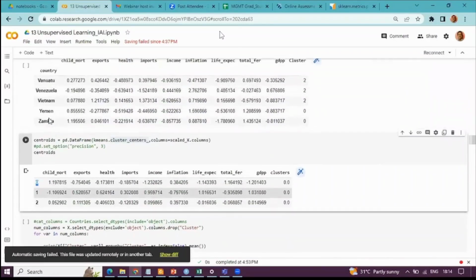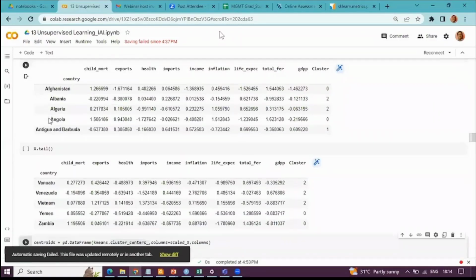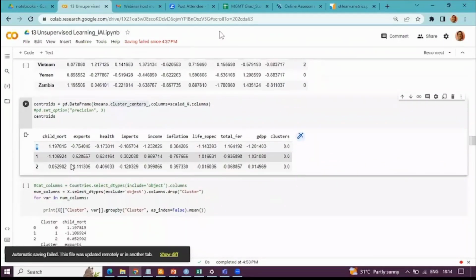Cluster 0 are typically Afghanistan, Angola, Yemen, Zambia, etc. For them, it looked like the child mortality is positive. Now we have scaled the data, remember. Because we have scaled the data, generally the mean is at 0. So if I see some calculated value much higher than 0, then we may say that that particular cluster is very high on that particular variable.